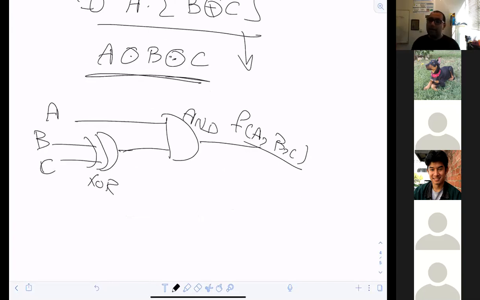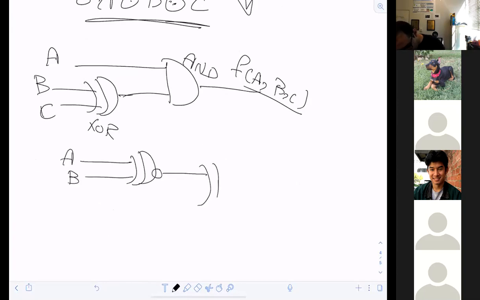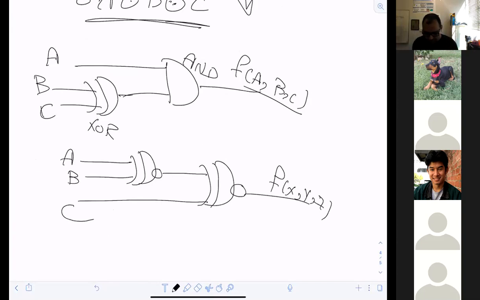Yes. Okay. Now, my question to you, what about if I use this? That means A with B with C, right? From far distance, we are using 2 gates here, 2 gates there, right?